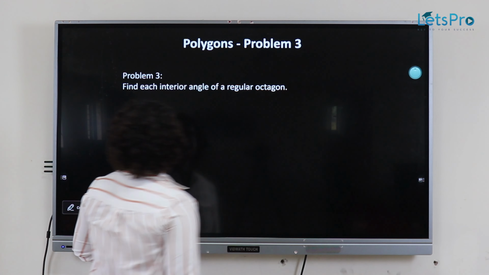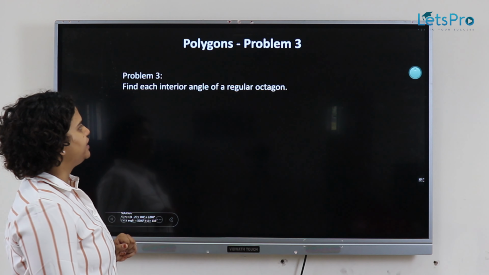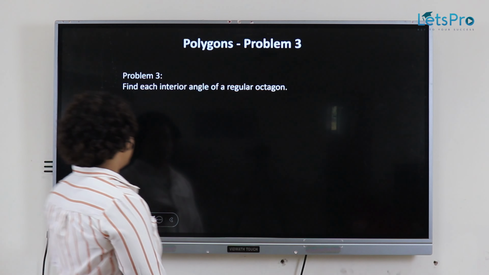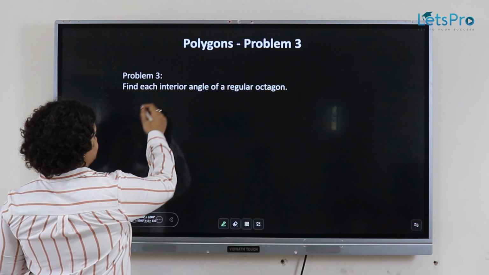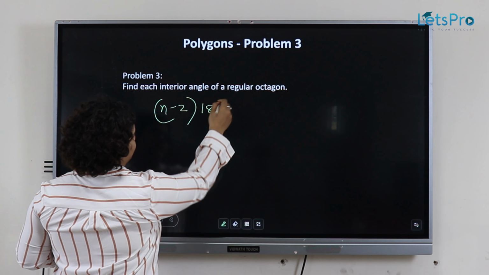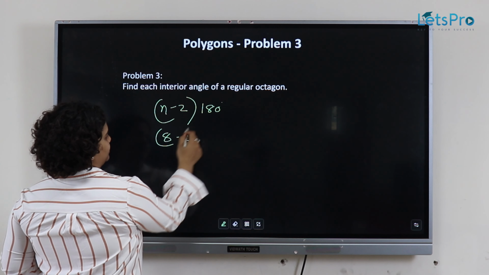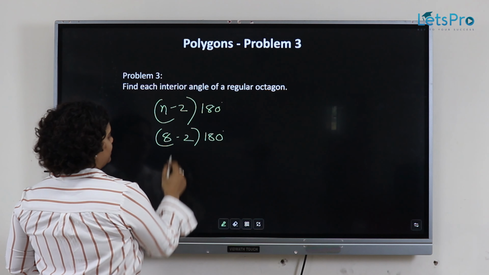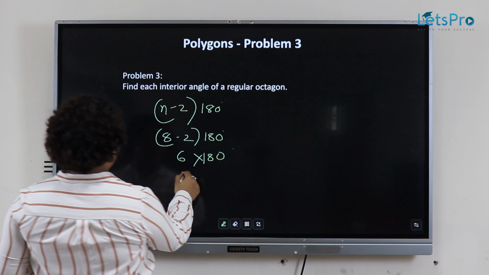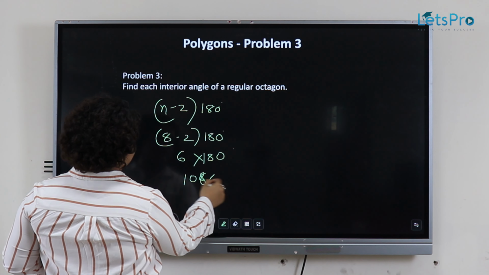Next, find each interior angle of a regular octagon. Now there is an interior angle formula which is n minus 2 into 180 degrees. So this is 8 minus 2 into 180 degrees, right? 8 minus 2 is 6, 6 into 180 degrees, which is 1080 degrees.